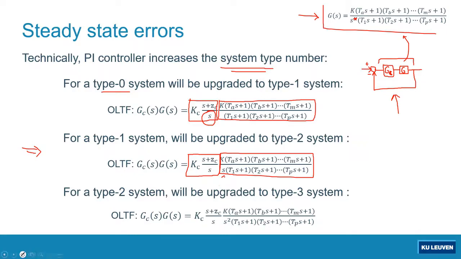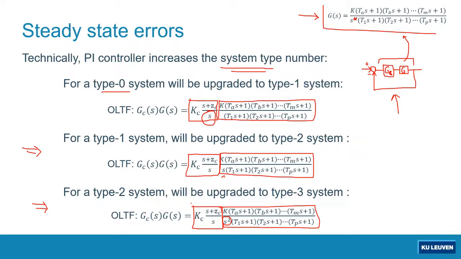With the same logic, again, I don't have to go to detail now. If I have a type 2 system, right, by introducing a PI controller, I will upgrade my type 2 system to a type 3 system. What is the importance of upgrading type number to the system?